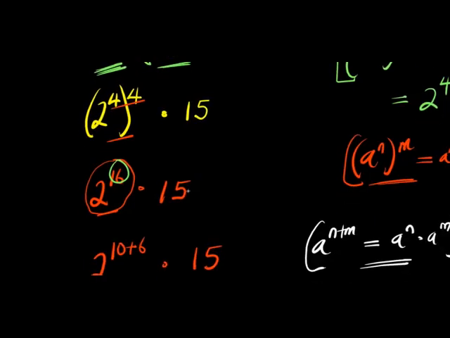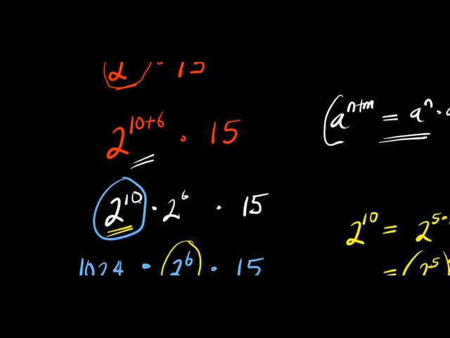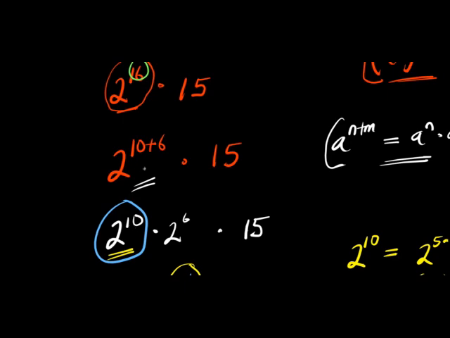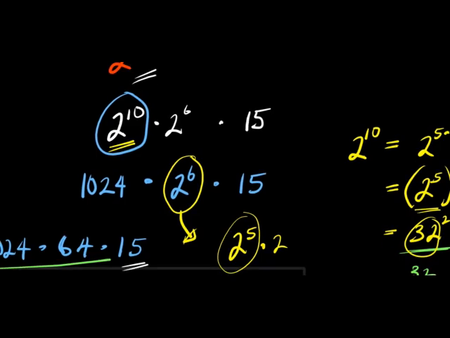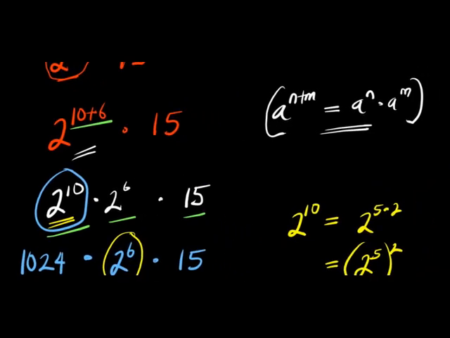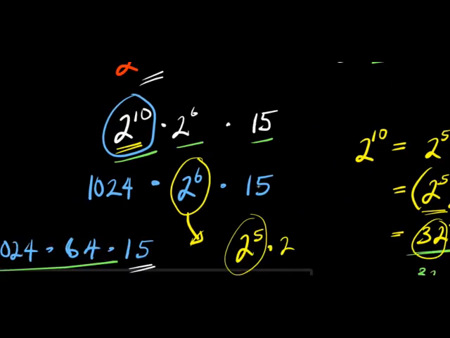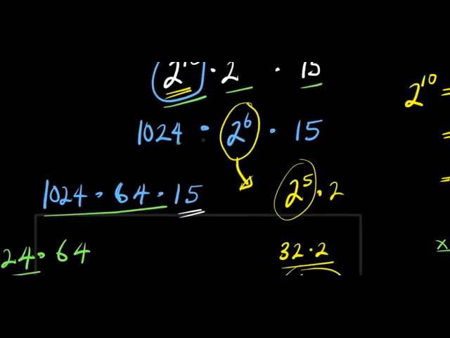Then from here, we split this 16 into 2 terms, which is 10 and 6. Then we have 2 power 10 times 2 power 6 times 15 based on this identity. Then from here, 2 to the power of 10 is 1024 from what we have done so far.